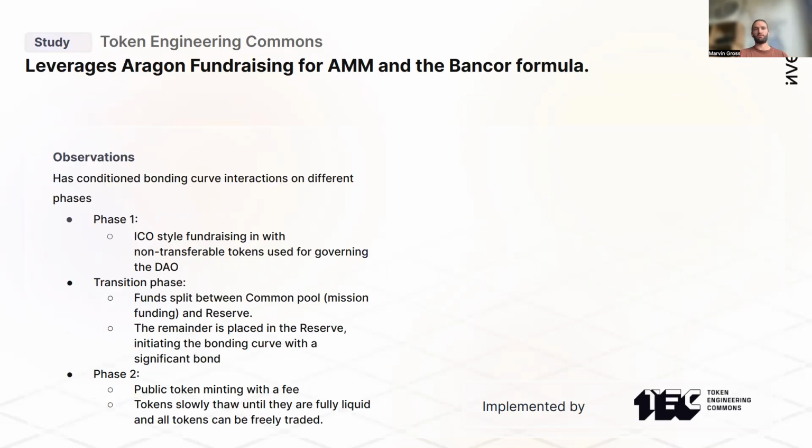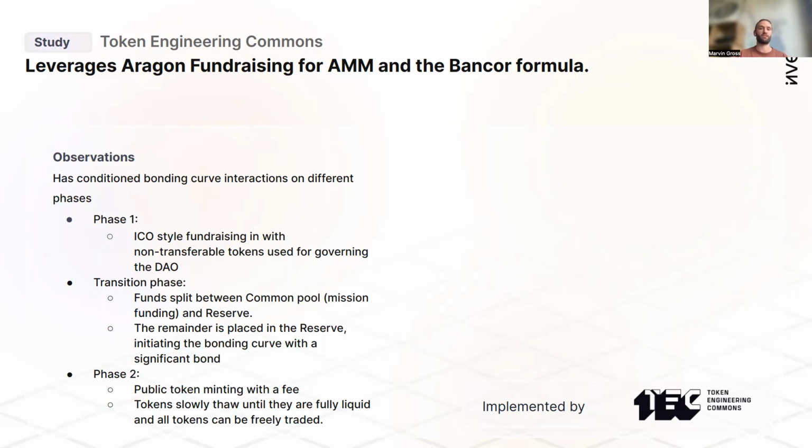The next one we looked at is the Token Engineering Commons and their bonding curve. The Token Engineering Commons is an open source collective governed initiative focused on fostering a token economy to advance ethical public goods. The bonding curve got deployed in two phases.